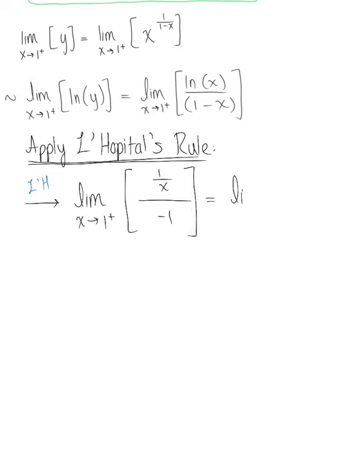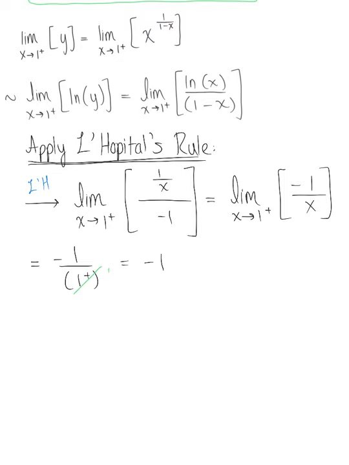So we have the limit as x is approaching 1 from the right-hand side of negative 1 over x, which we can evaluate. That's minus 1 all over 1 from the right, which is just going to 1 in this case, and we're left with negative 1.